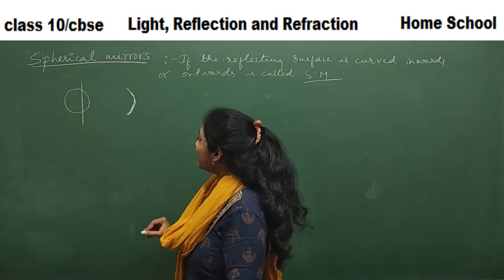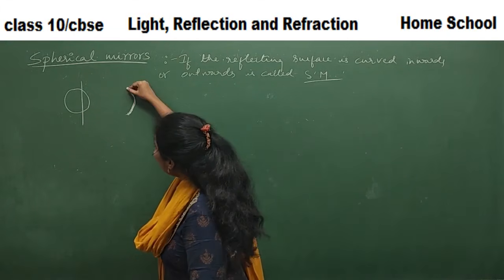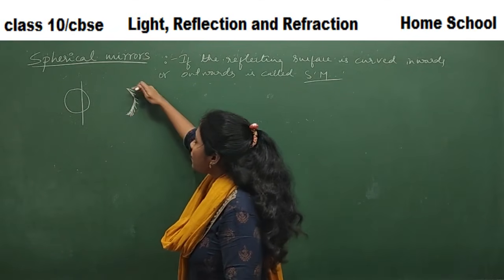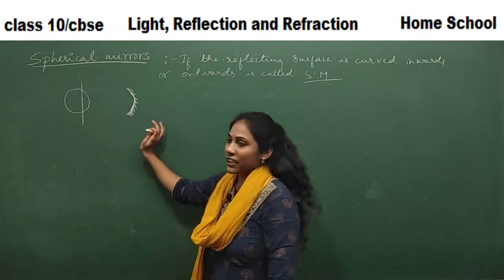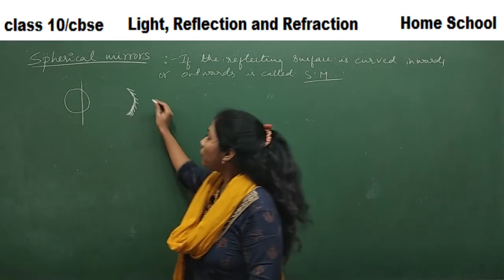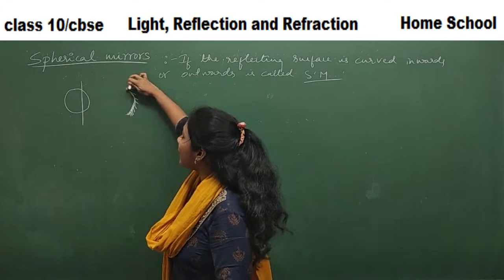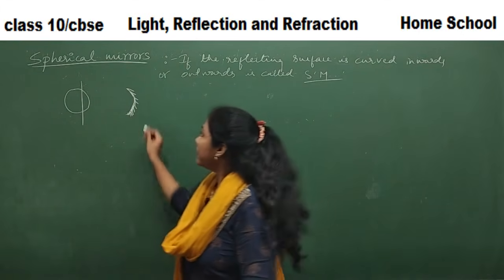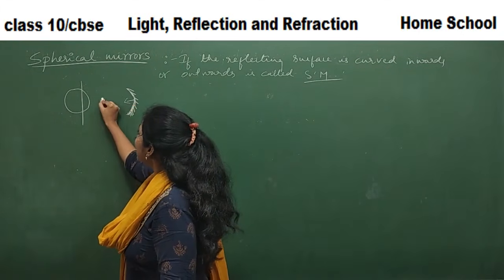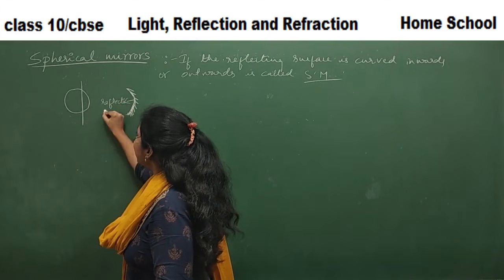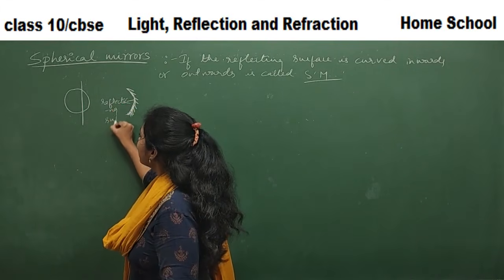Imagine I polish the outer part with silver. Now the inner part of the glass is the reflecting surface, right? The inward part is my reflecting surface.